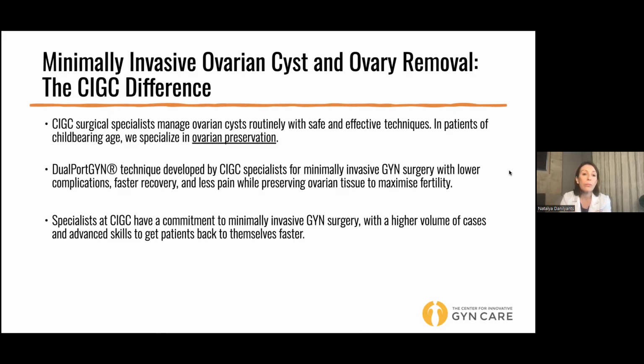But typically we see patients coming in with 8, 9, 10 centimeter cysts or larger, saying, okay, I was told that I will most likely need to have my ovary removed. And I can tell you that at those measurements, you really don't need to. When you start getting to 15 and above, yeah, there's probably nothing to save.